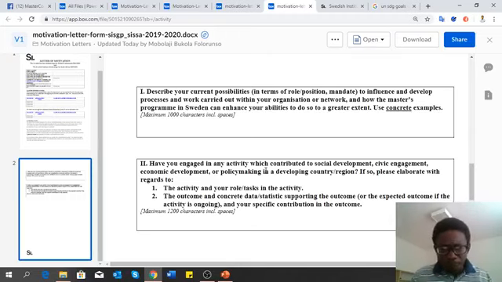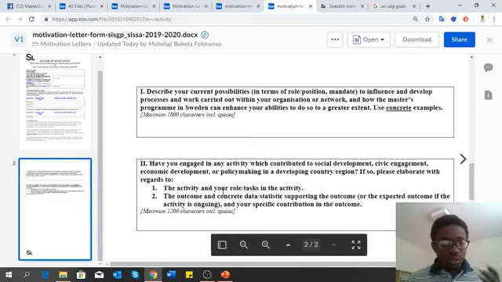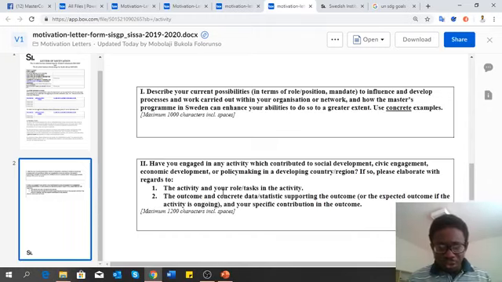Those kinds of details are what is very important that you include in your applications. And so you can see in the second question, they're asking about your engagement in social development, in networks, in NGOs, in policy making, any activity that has led to development of your country or your region or your state or your province.